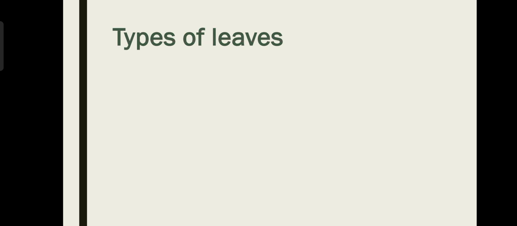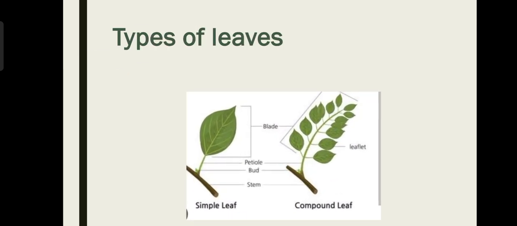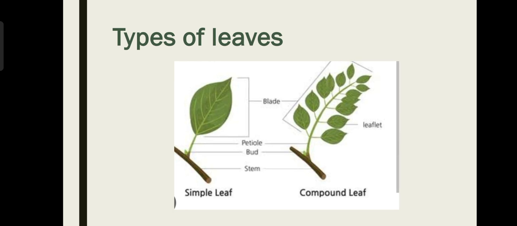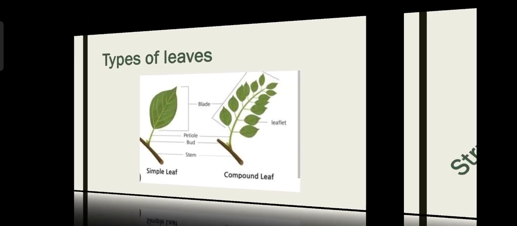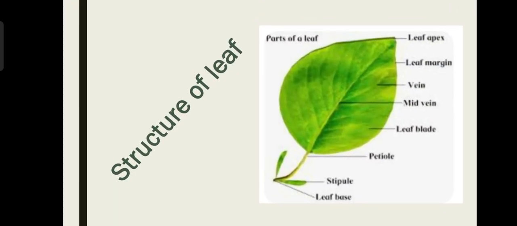Leaf. Types of leaves. There are two main types of leaves, simple leaf and compound leaf. Structure of leaf. Leaf blade, lamina, the broad spread out part of the leaf.